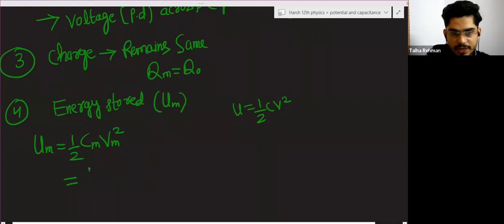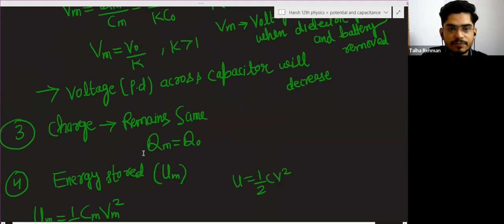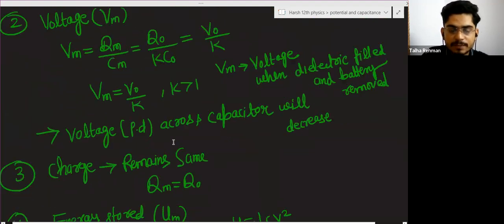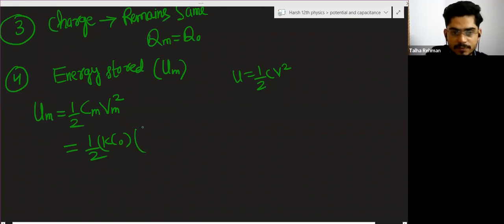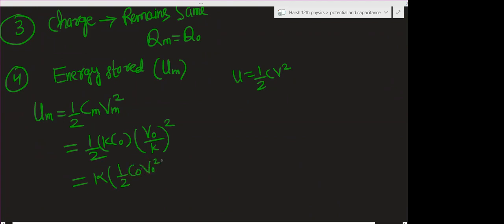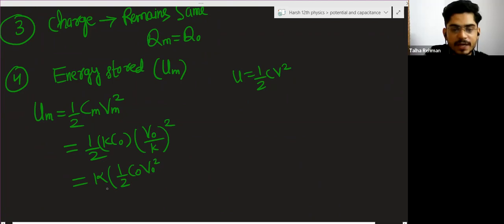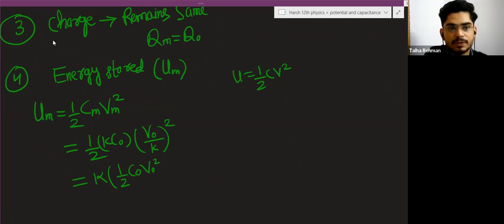So we have half, Cm is K times C naught, and Vm is V naught by K, square. So from here I can write half C naught V naught square, not K times, divided by K.